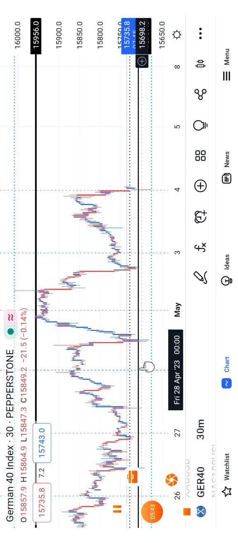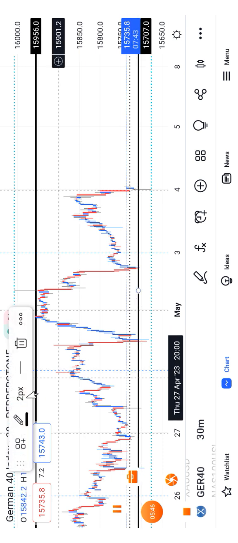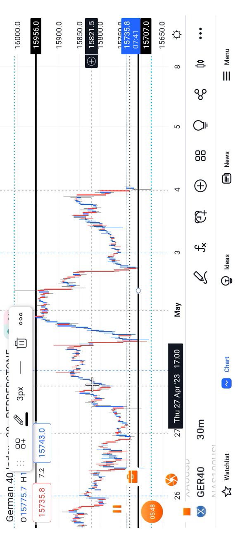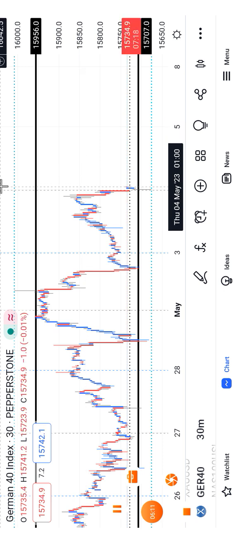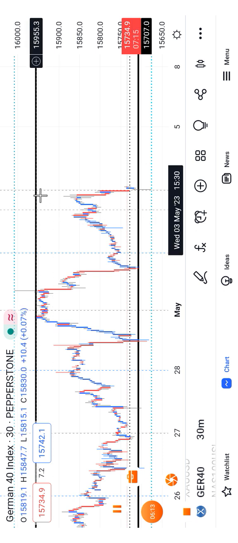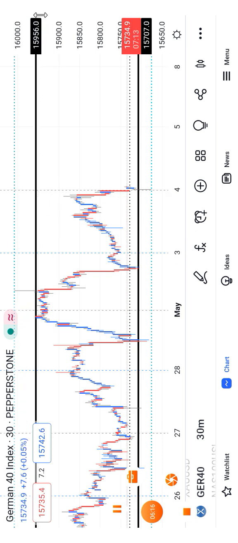I'm going to change that, and then it's going to be a bit bigger. So what's going to happen is that 15,956 minus 15,704, let me continue doing this. So basically guys, it's 249 points, the difference between these two levels.